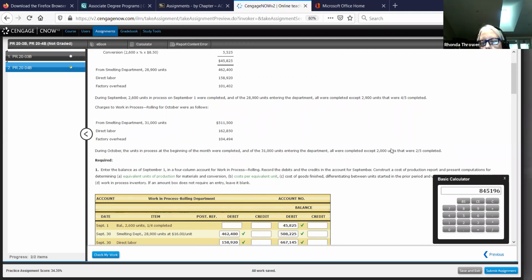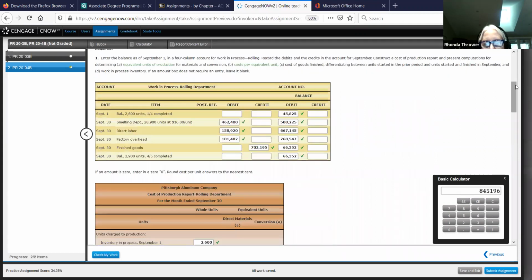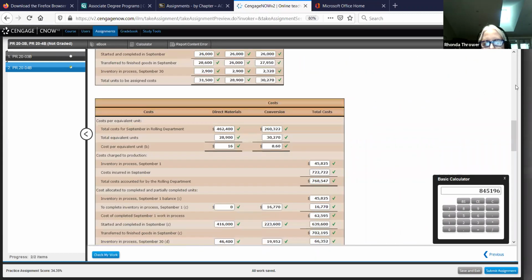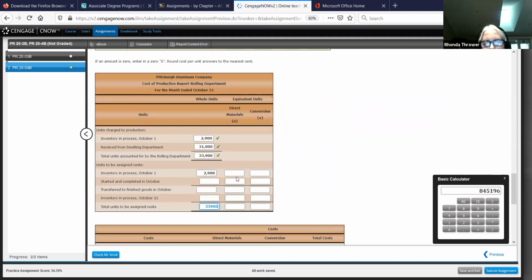All were completed except 2,000 units that were 2/5 completed. So my ending inventory is 2,000 units.